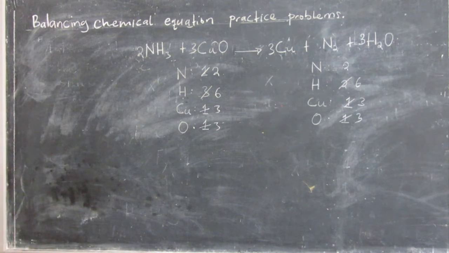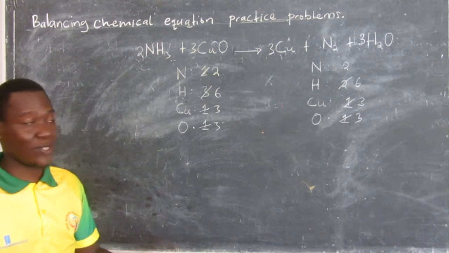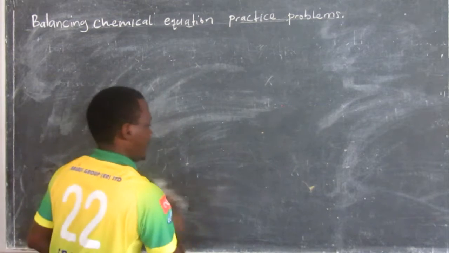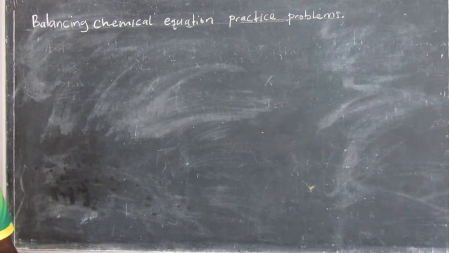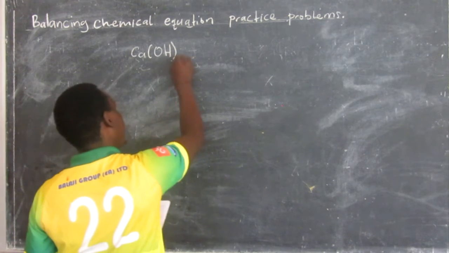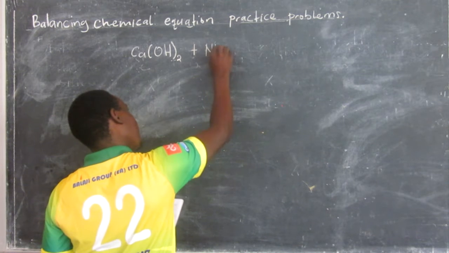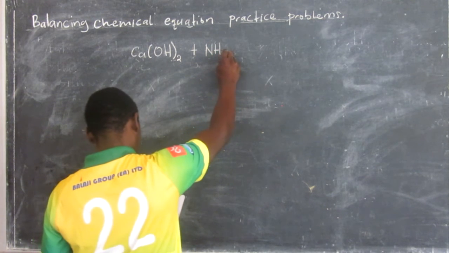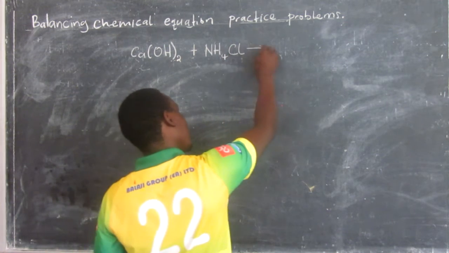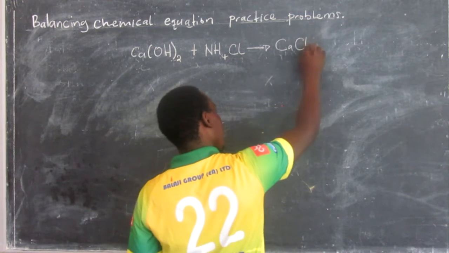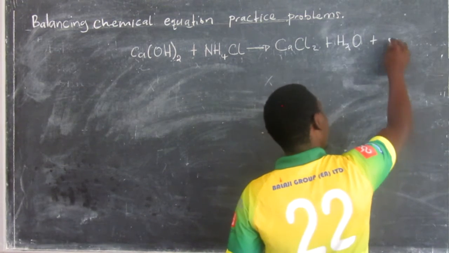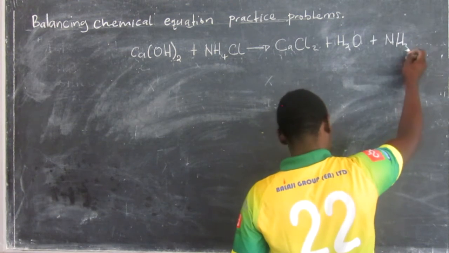Okay, let's do another example so that we can get this thing into the... that example is going to be calcium hydroxide plus ammonium chloride to give us calcium chloride plus water plus ammonia gas.